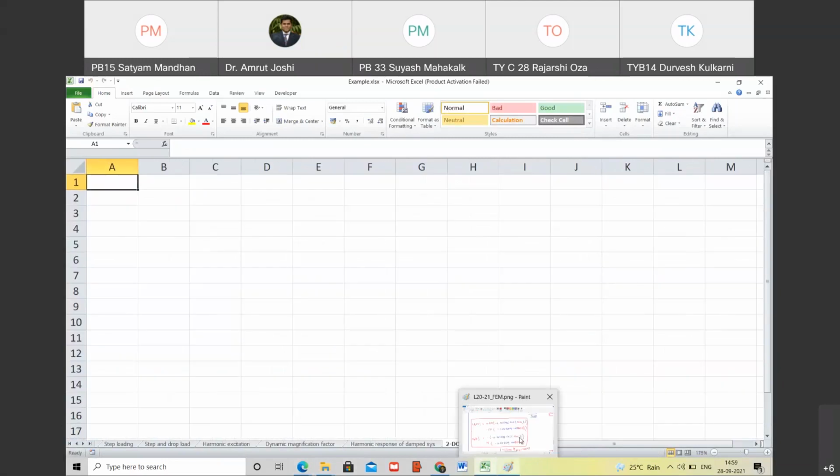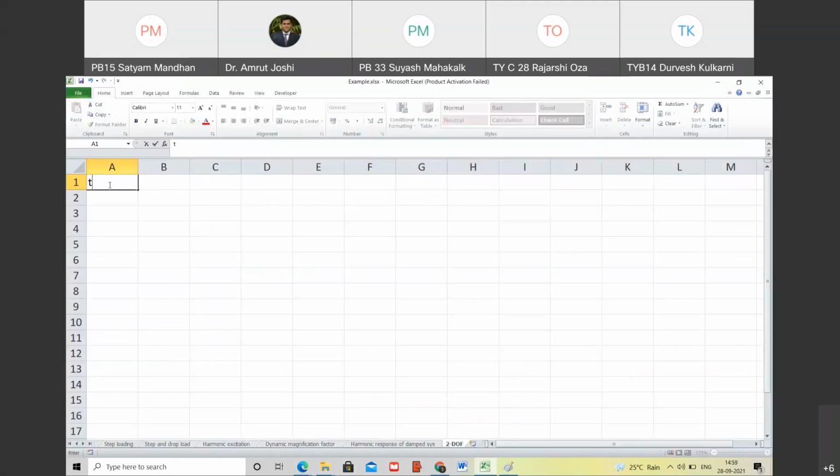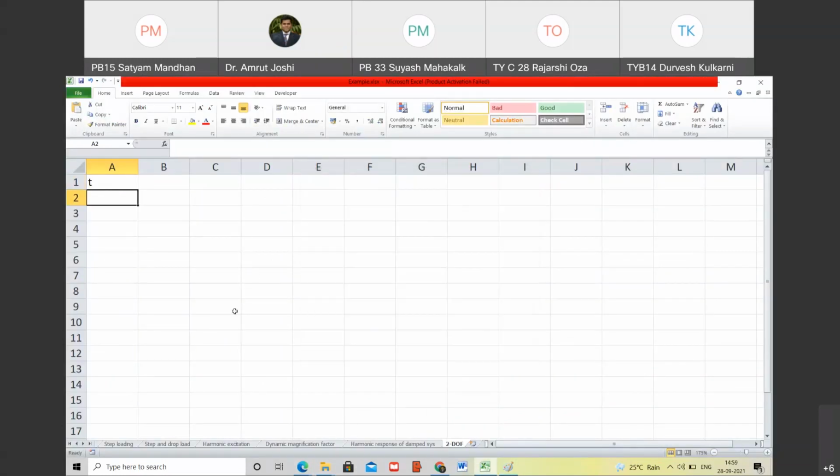So let me put the expressions here. We will observe the system over the period of 10 seconds or 20 seconds in the multiples of 0.001 second.